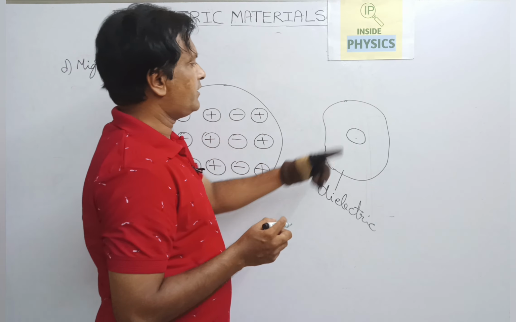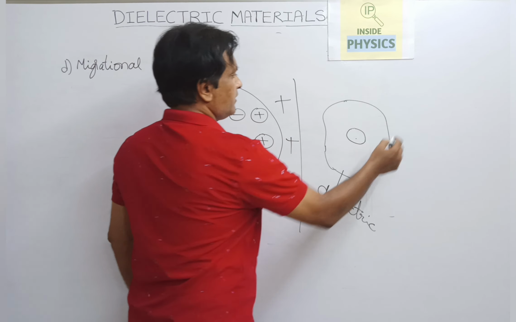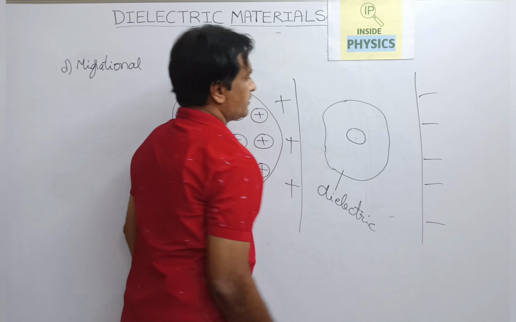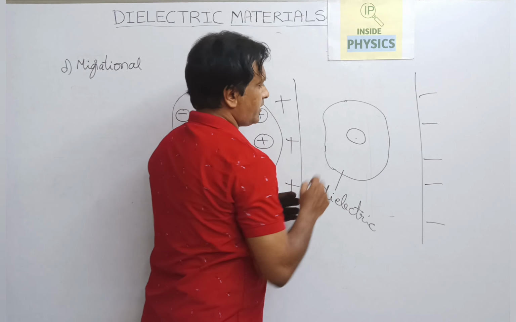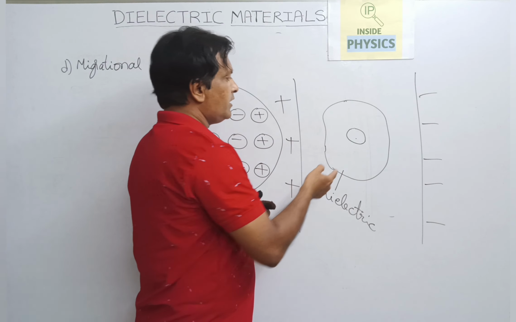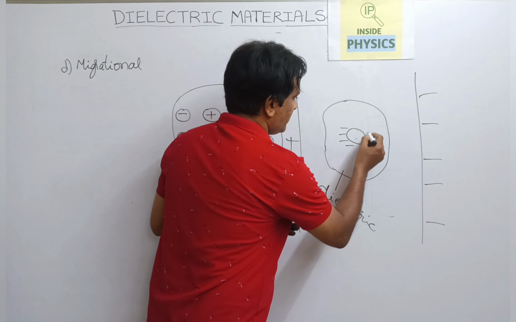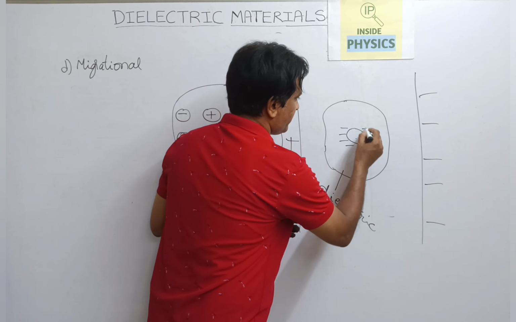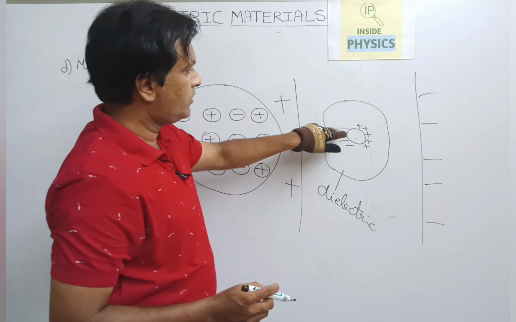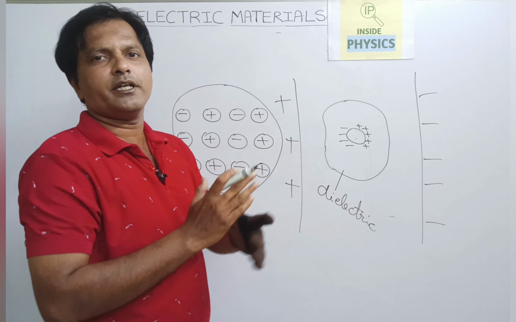At this border, when you apply an electric field like this, the space charges migrate to the interface. That is why it is called space charge polarization. At the interface, the opposite charges are accumulated.